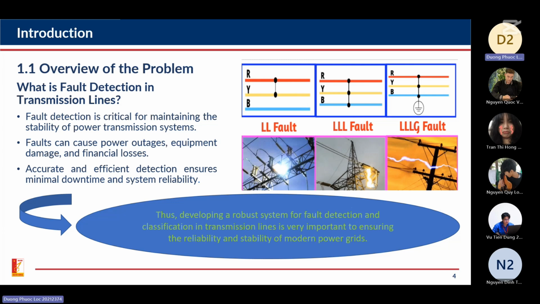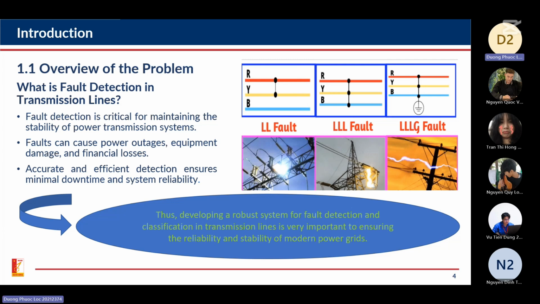To better understand the scope of the problem, let's examine some common fault types. As you can see here, LL fault, line to line, means a fault between two phases that can disrupt balance in the system.